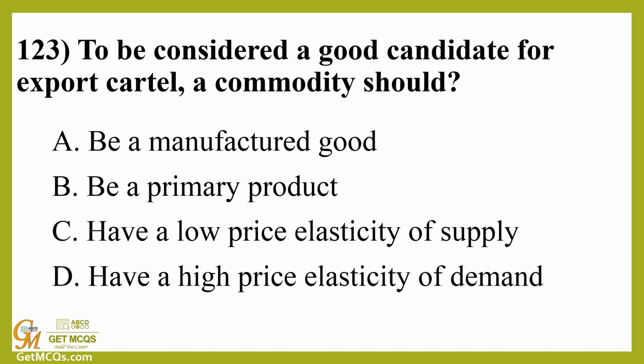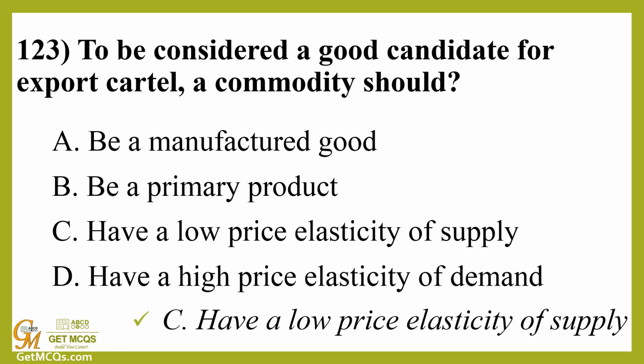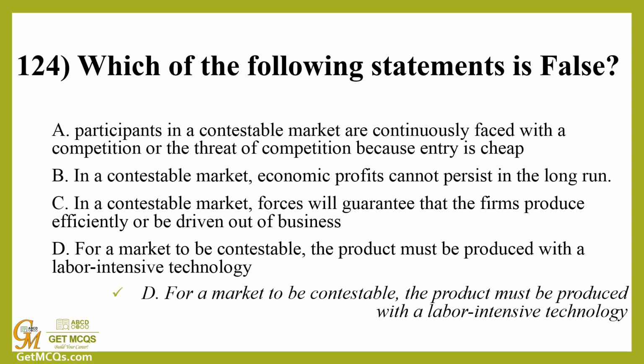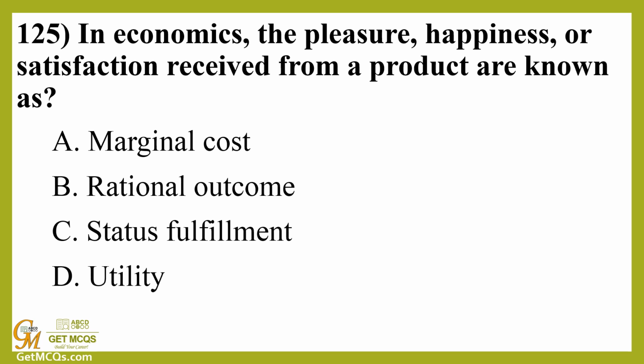123. To be considered a good candidate for an export cartel, a commodity should C. Have a low price elasticity of supply. 124. Which of the following statements is false? D. For a market to be contestable, the product must be produced with a labor-intensive technology. 125.